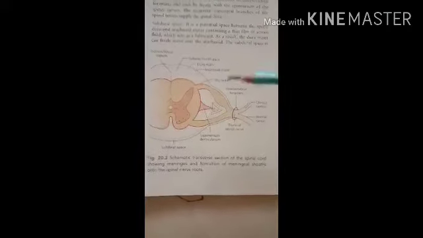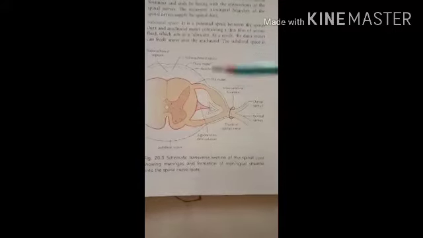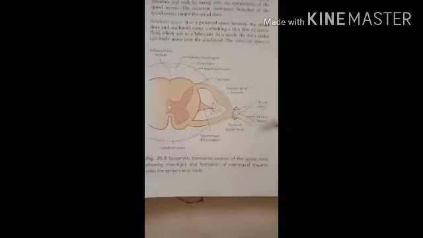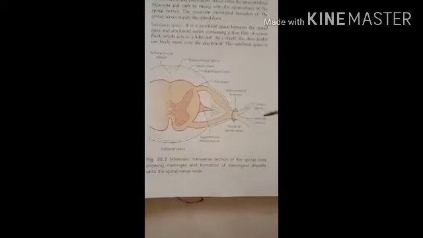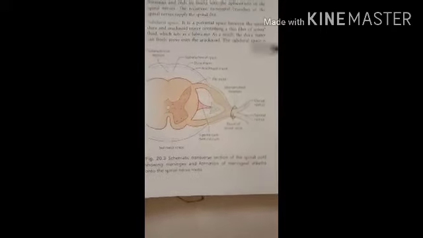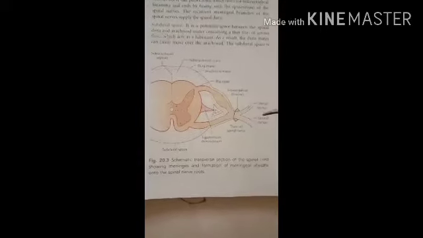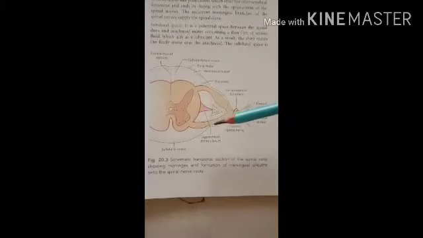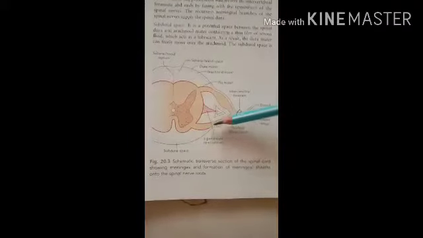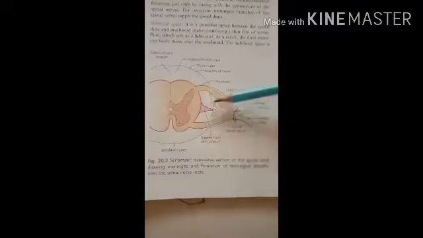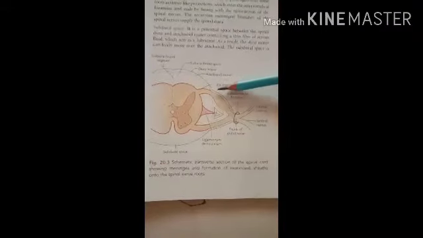Before starting the plexuses, let's see the nerve root, that is, how a nerve is formed. Any nerve consists of the anterior nerve root and the posterior nerve root. Here you can see the anterior nerve root and the posterior nerve root.